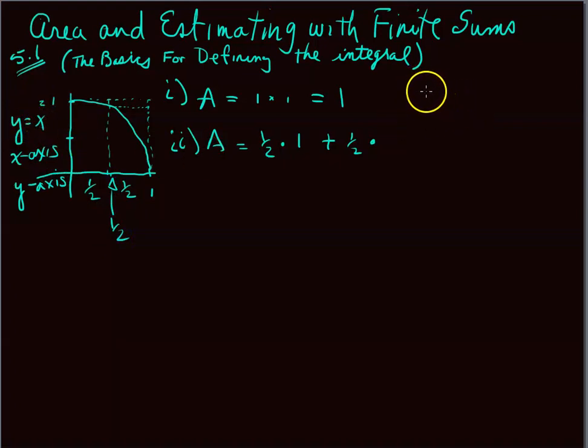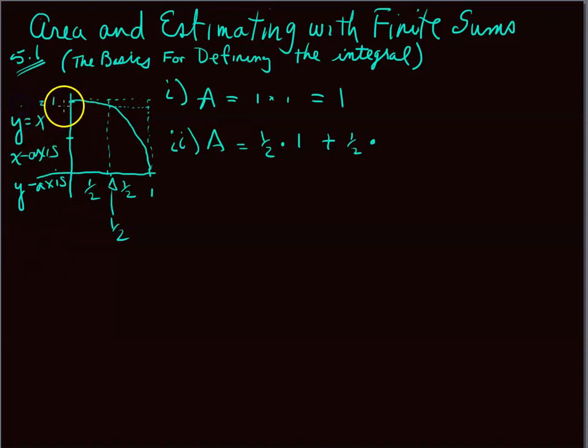So if we take 1/2 and square it, we get 1/4. But that doesn't sound right at all, does it? And that's because this is not the equation for this.